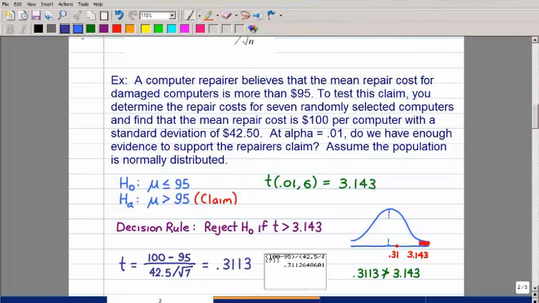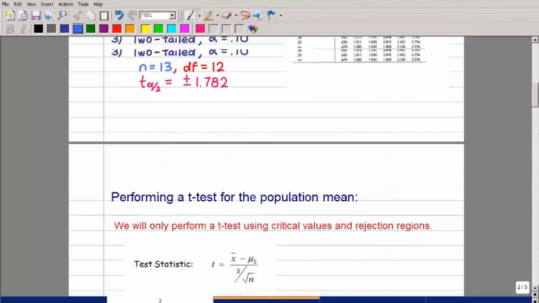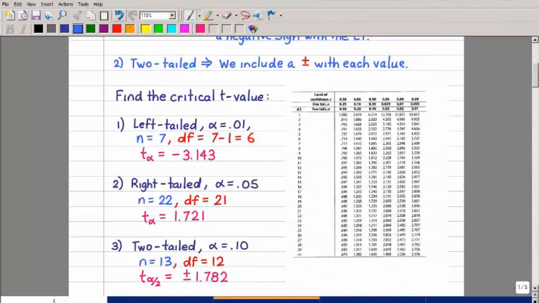So let's go to our critical value. We have 0.01 with 6 degrees of freedom from our chart. That's a right-tailed test, greater than, so it's automatically going to be positive already.